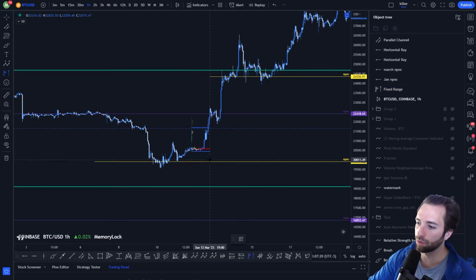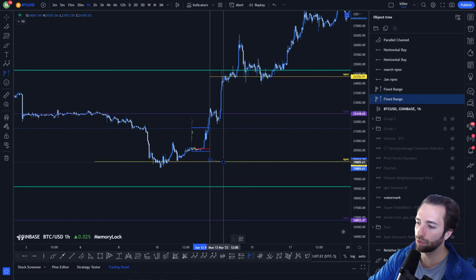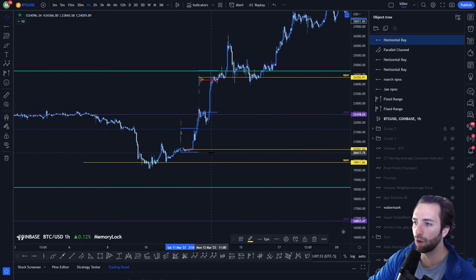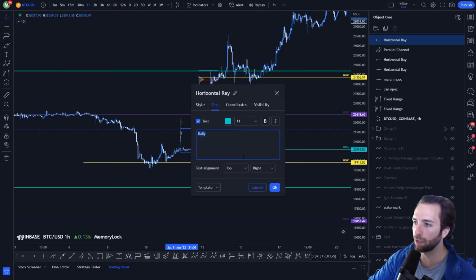And then we'll do Monday open to Monday close. And so on and so forth. You can continue to do this. But as you can see here, we did find one daily naked point of control. Again, blue being my daily level, so I can go ahead and put nPoC here.